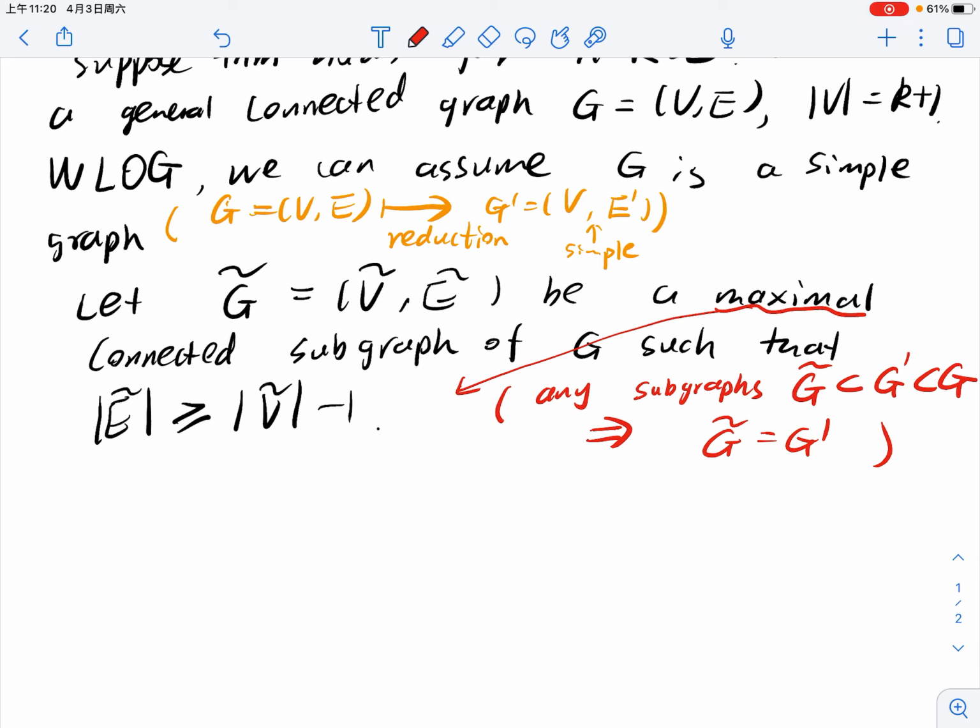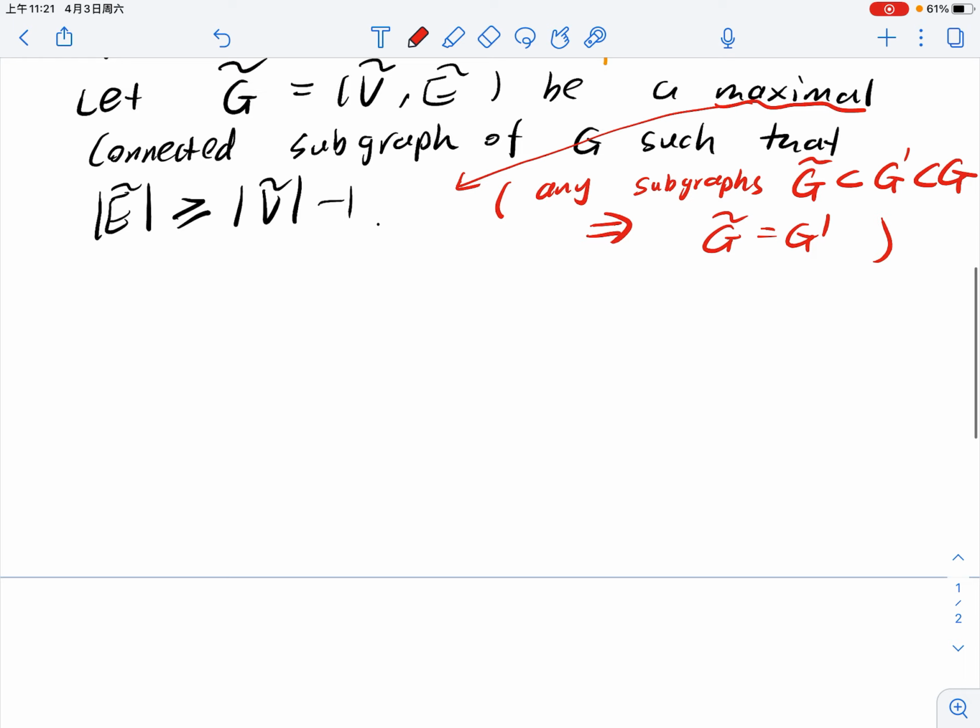That means there's no subgraph that has G theta as a proper subgraph. I leave it to you to understand what maximal means.